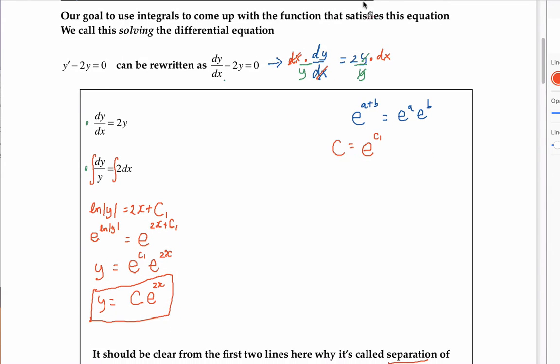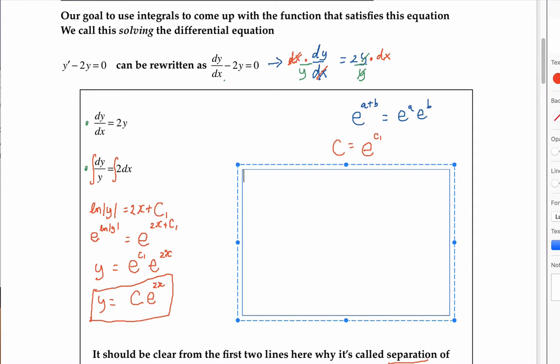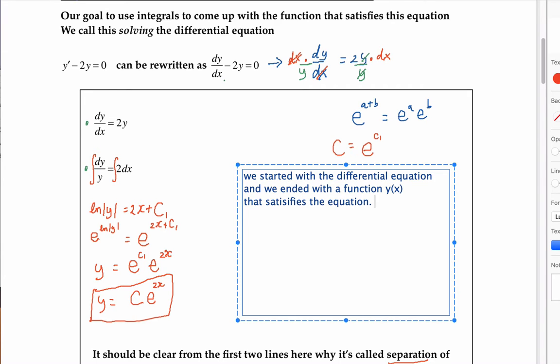So just to be clear, I want to summarize what this algebra and calculus was. We started with the differential equation, and we ended with a function y of x that satisfies the equation, meaning when we plug in y of x, it works in that equation.